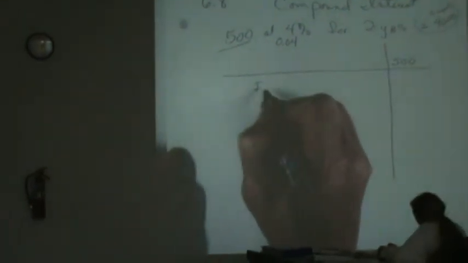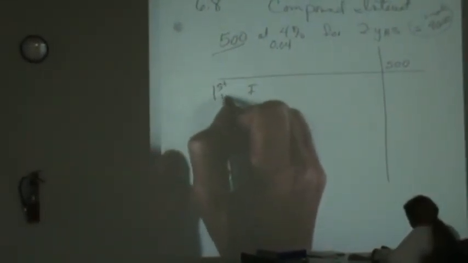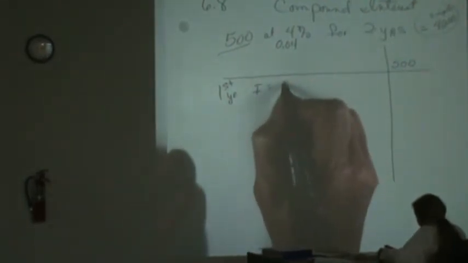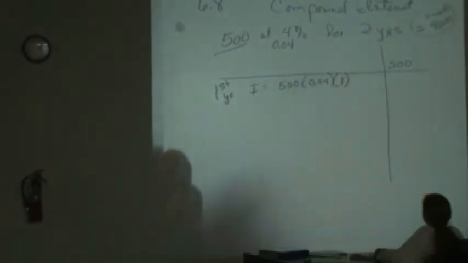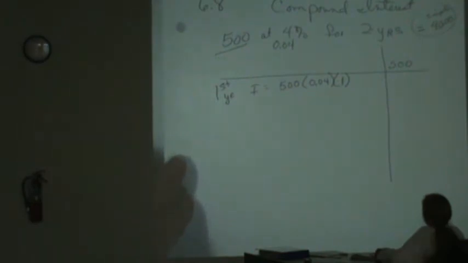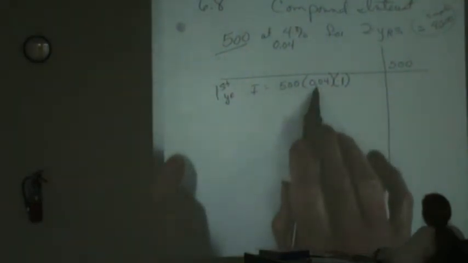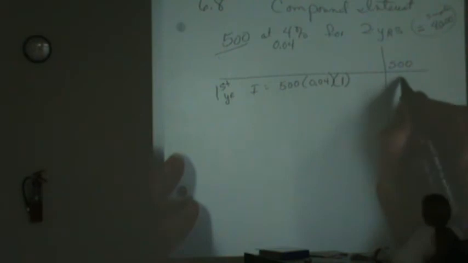I'm going to show you what it'll do if you get it compounded every year, okay? Your interest for your first year will be principal times the rate, but you're going to do just 1 year at a time. After a year, they're going to give you some interest. So 500 times 0.04, is that $20?